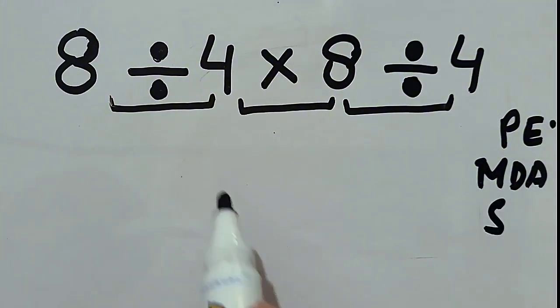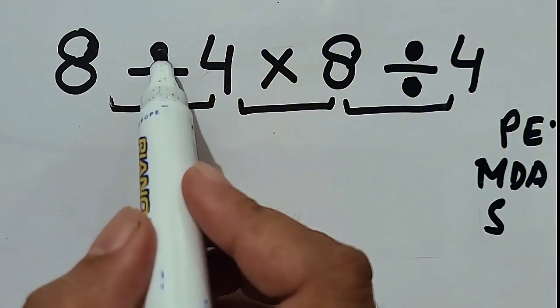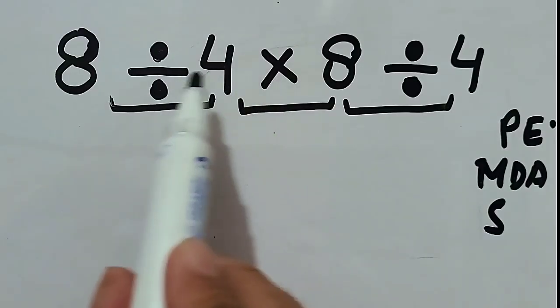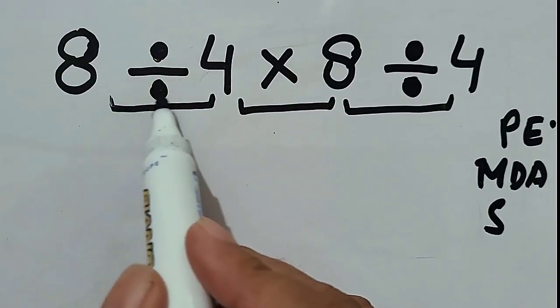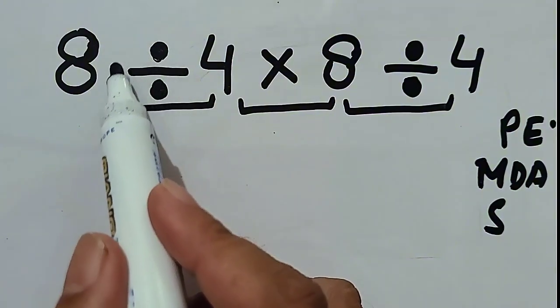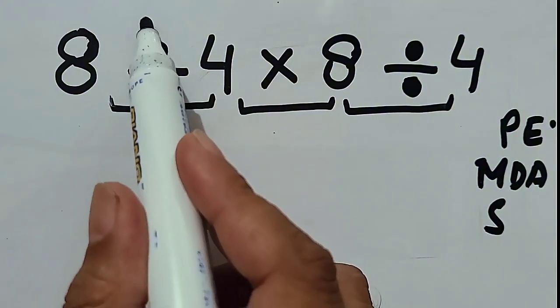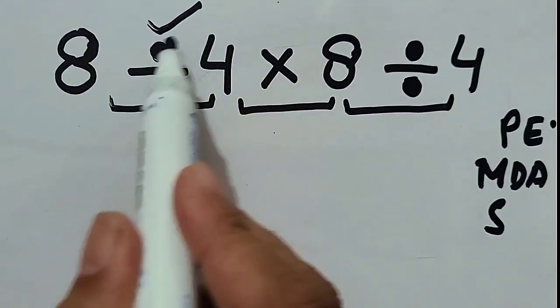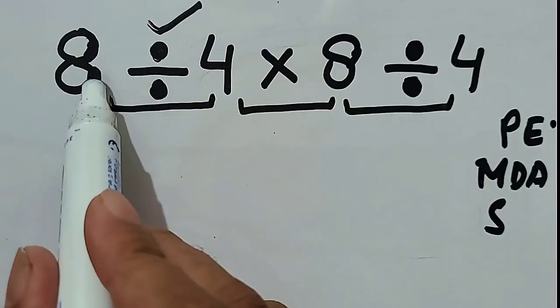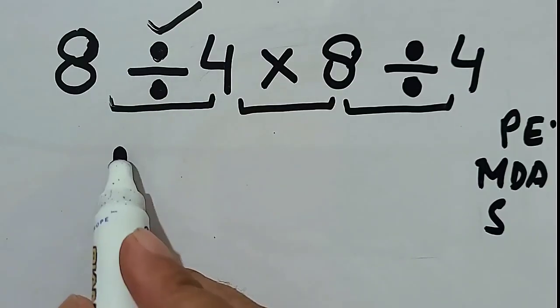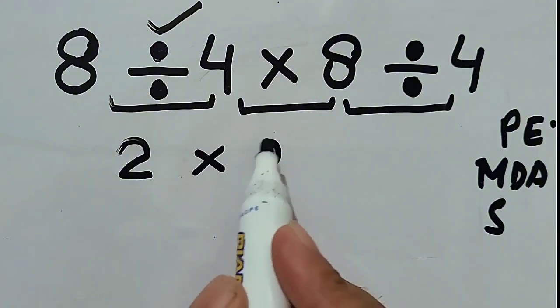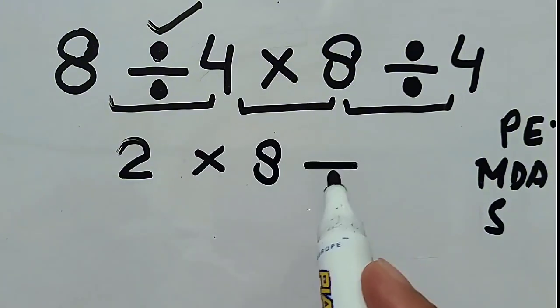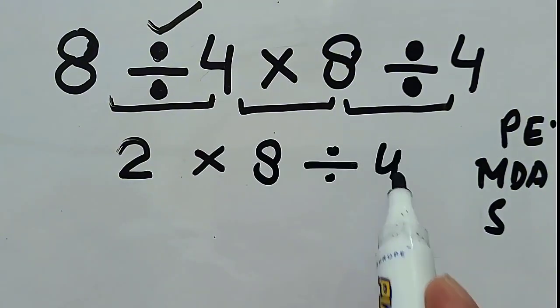According to PEMDAS, if division and multiplication are in the same question, first of all solve the operation which is at the left. As division is at the left, we will solve 8 divided by 4 first. So it will become 2 times 8 divided by 4.